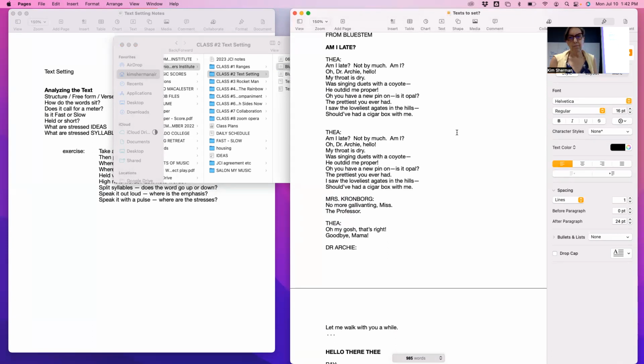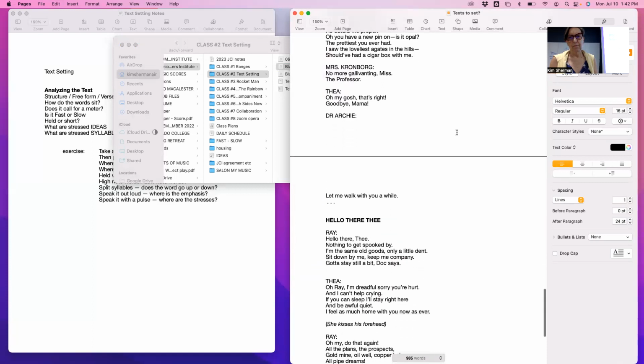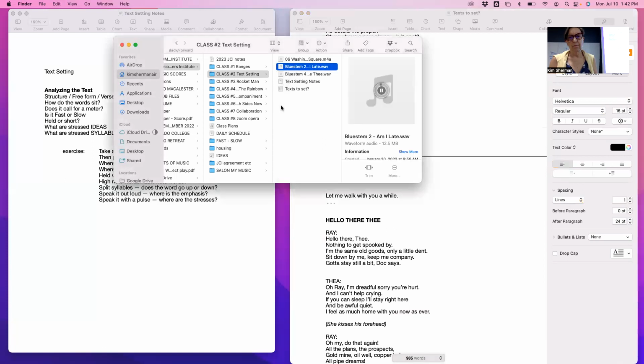I saw the loveliest agate in the hills. Should have had a cigar box with me. No more gallivanting, miss. The professor. Oh my gosh, that's right. Goodbye, Mama. Let me walk with you a while.